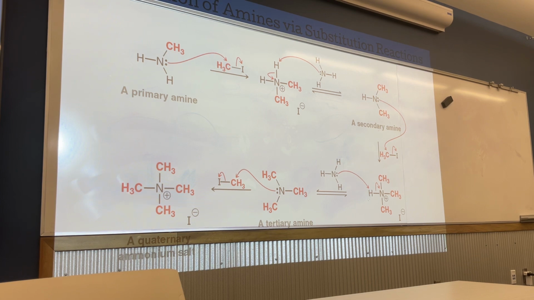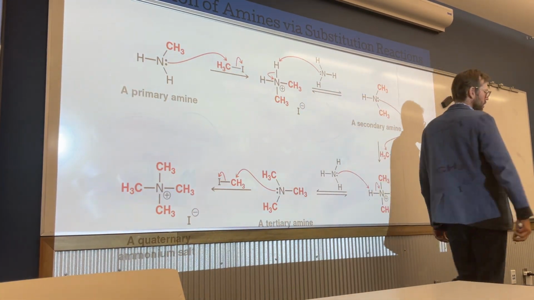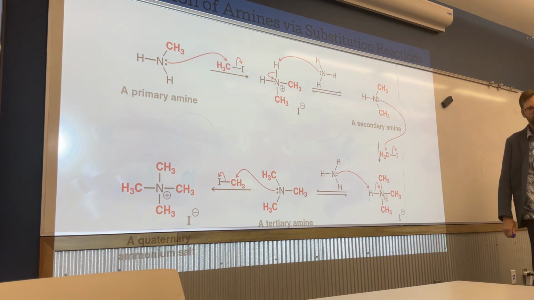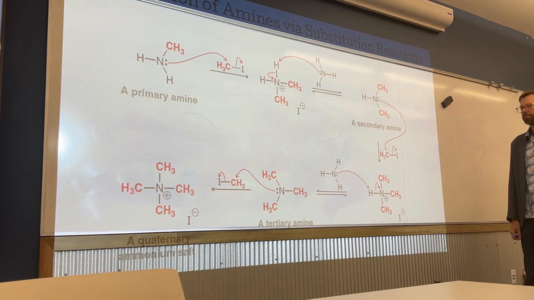Just have an abundance of that, and it will readily form that quat. So it's a pretty cheap antimicrobial, which is probably why they use it in the restaurant industry, because it's economical, it's affordable, and you can use a ton of it to disinfect stuff.